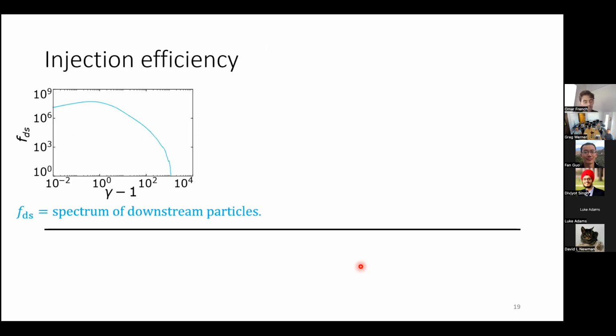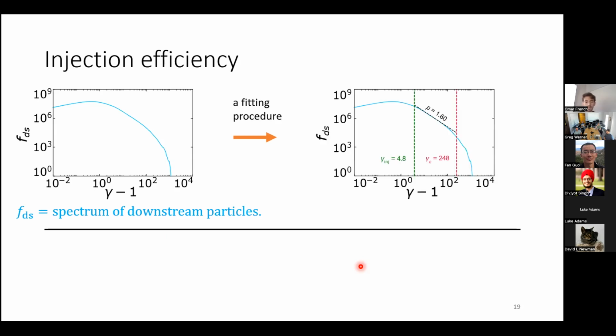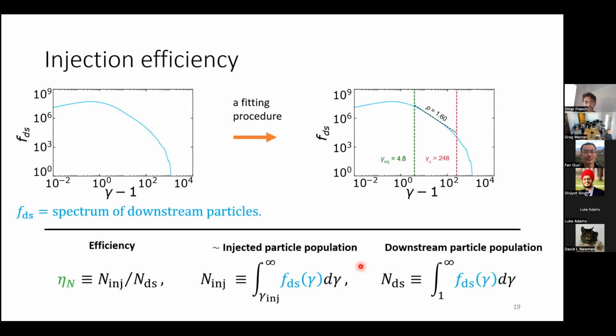To do this, we begin with some downstream spectrum of particles, and we apply a fitting procedure to obtain the power law segment and the upper and lower limits on it. From here, we can define the injection efficiency, A to N, which is the ratio of the injected particle population over the downstream particle population, given by these intervals.